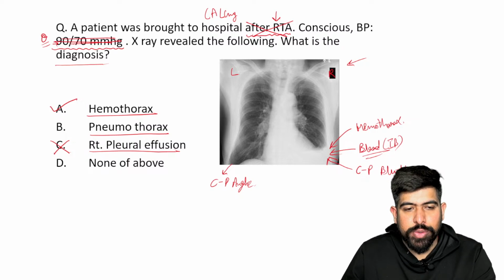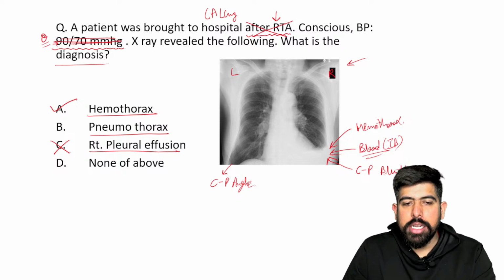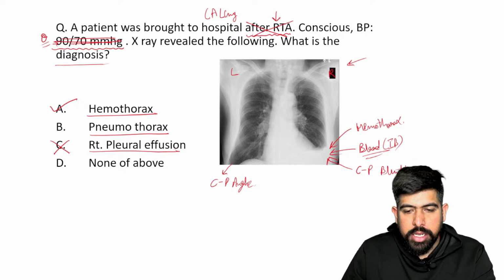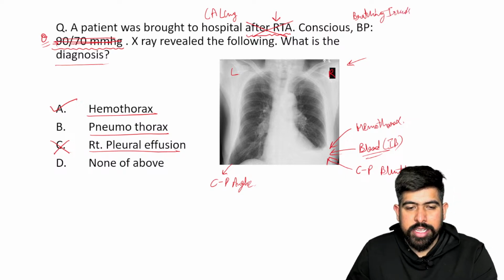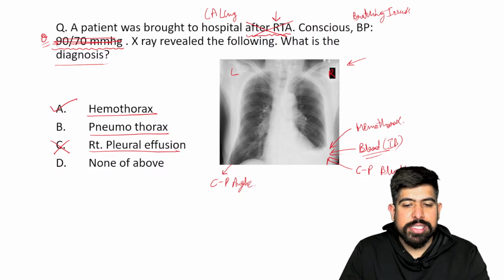If I made this MCQ in a different manner, the patient comes to the hospital with lung cancer and is having breathing issues, and the X-ray is given to you. What should your answer be in this case?